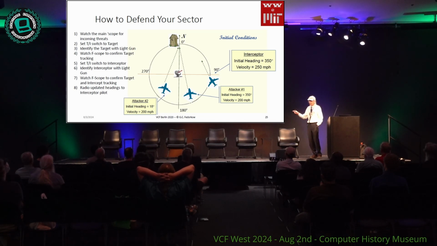Right? In this version of the program, with such a small amount of memory, they could display as many points as were coming back from the radar, but they could only track two of them. They could track the one attacker, and they could direct one interceptor to go after that attacker.